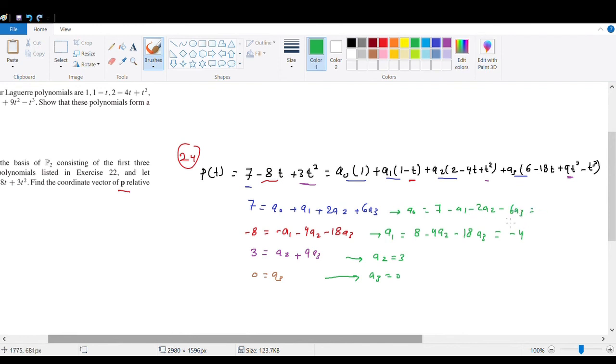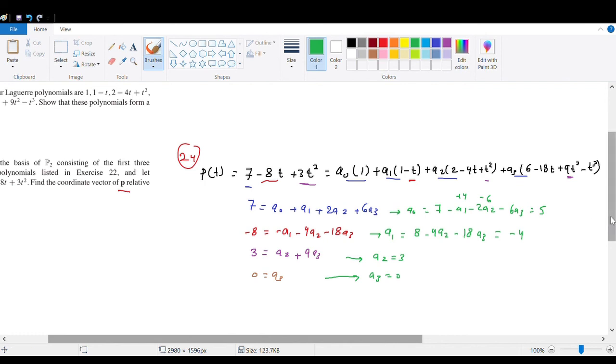So a3 is 0, a2 is equal to 3, so this is minus 6. Then a1 is equal to minus 4, and here we have minus. So it will be 7 plus 4 minus 6. This will give us 4 minus 6 will be equal to minus 2. 7 minus 2 will be equal to 5.